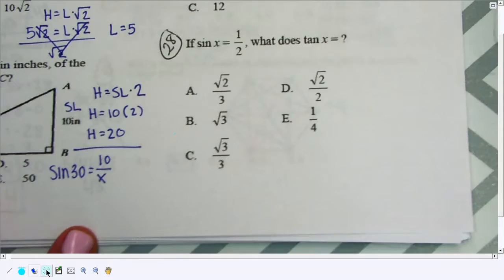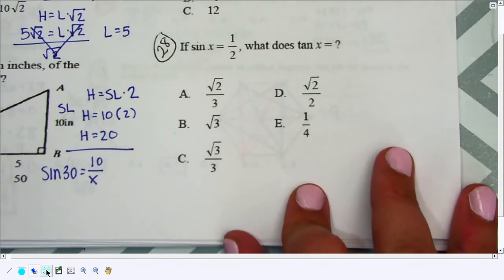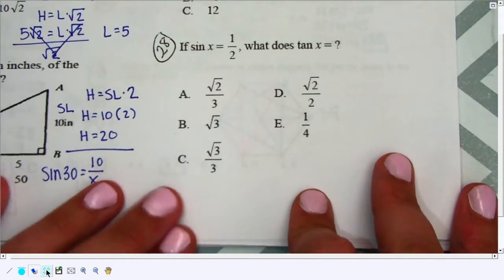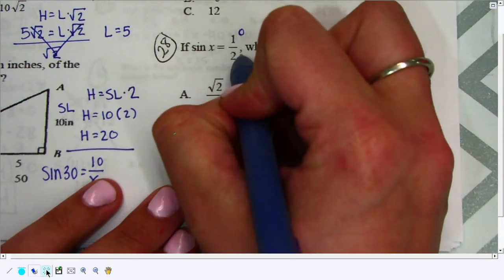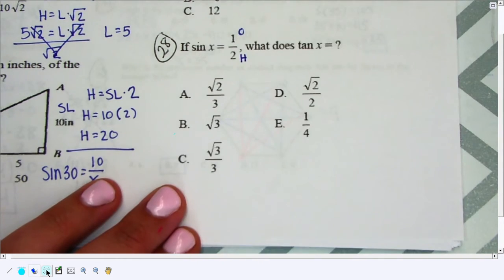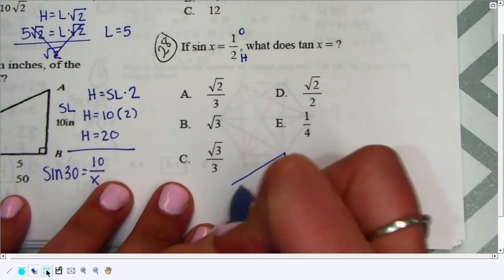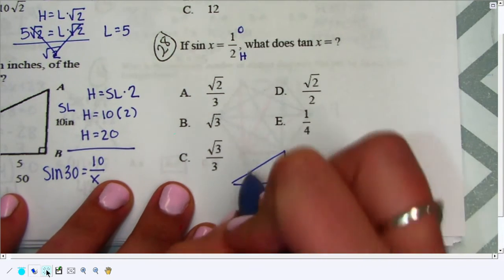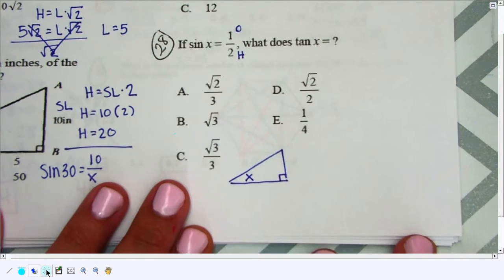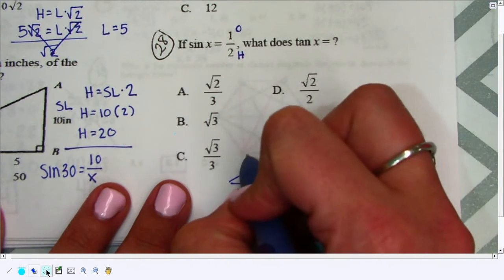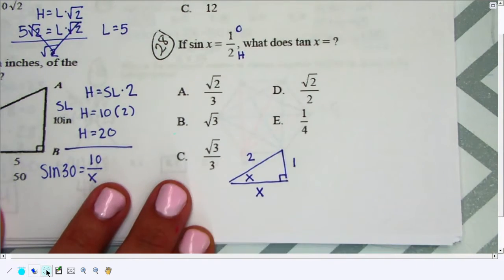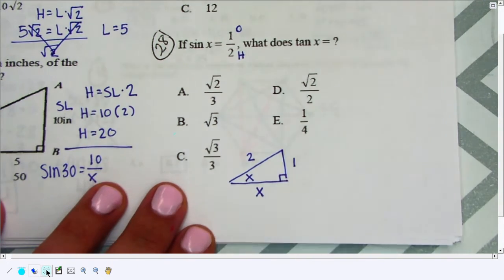And last one, sine of x is 1/2. What is tangent of x? So the sine is opposite over hypotenuse. So what I'm going to do here is draw a right triangle. I'm going to put x here. So the opposite side is 1, the hypotenuse is 2, and we're trying to calculate, oh, I probably shouldn't have used x again, so I'm going to use, I guess, y.